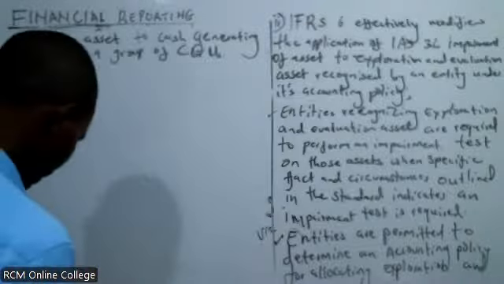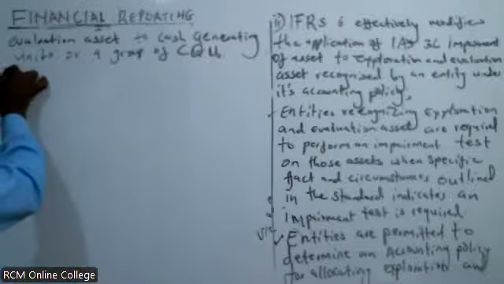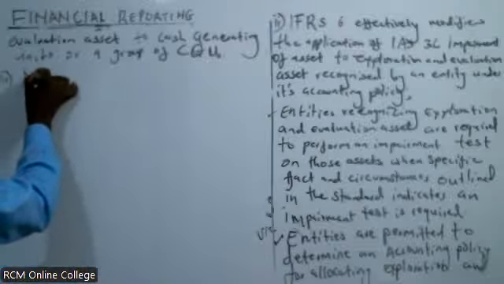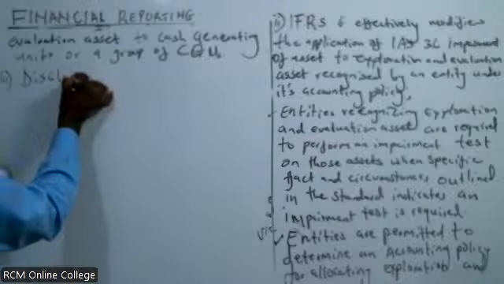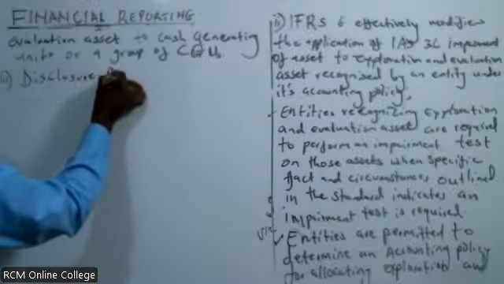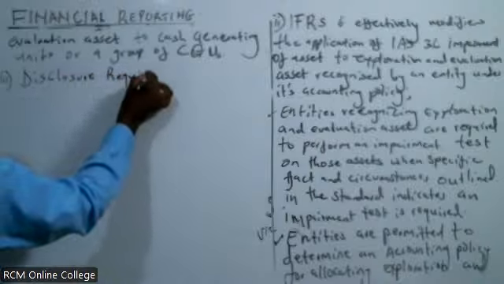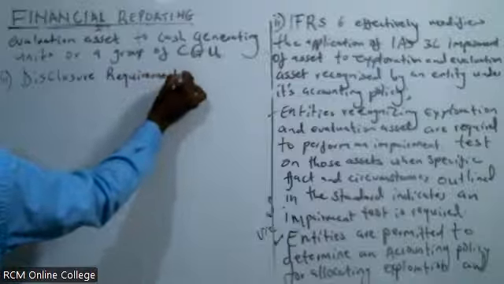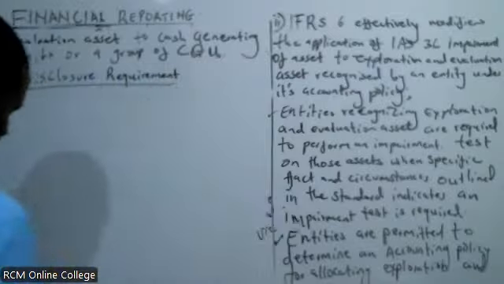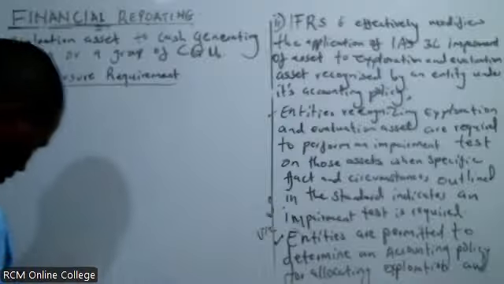And the other one is disclosure requirement. Roman number 3, disclosure. Remember, the examiner will bring some disclosure requirements: what do you need to disclose as far as this is concerned?